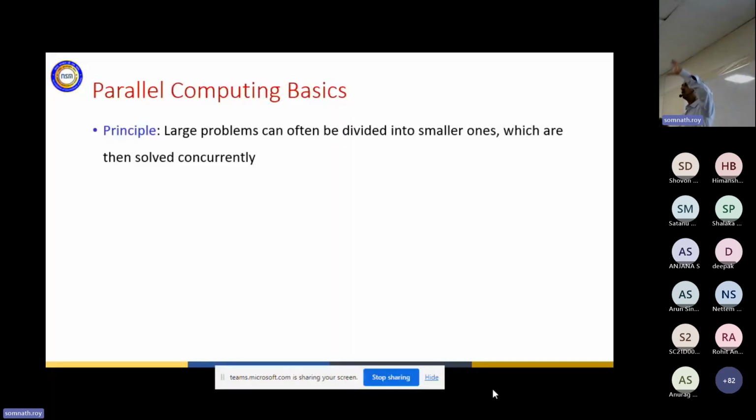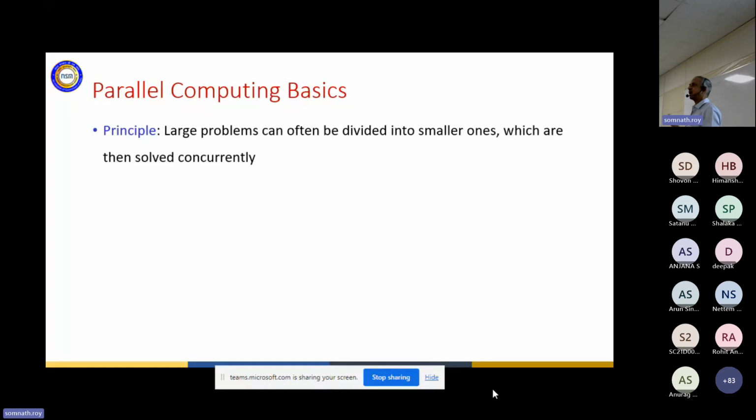There was one master who started, then he spawned the data across, divided it into 999 chunks, and gave each chunk to each of the processors. Each reported one number, and it found the biggest number. So what you have done is divide it into smaller problems and then solve them concurrently.